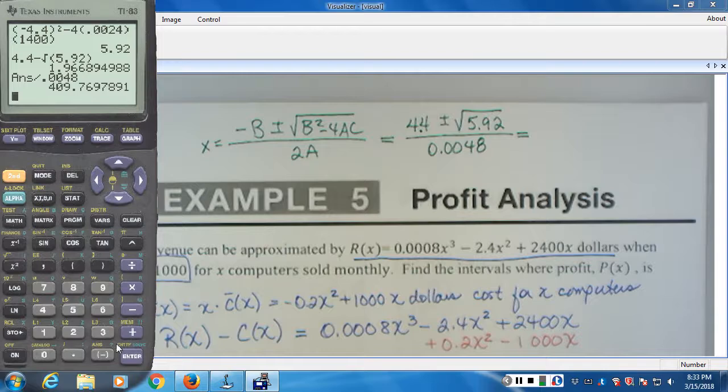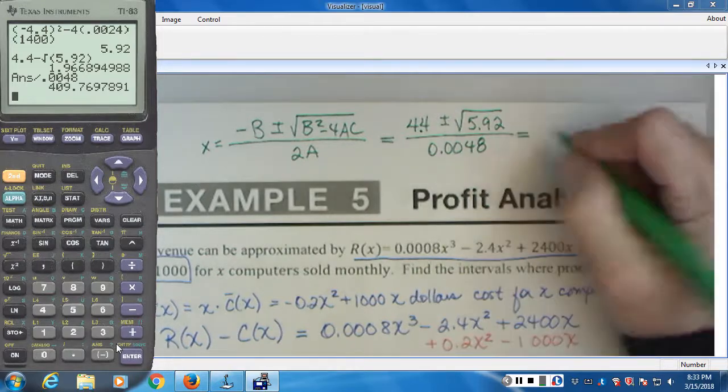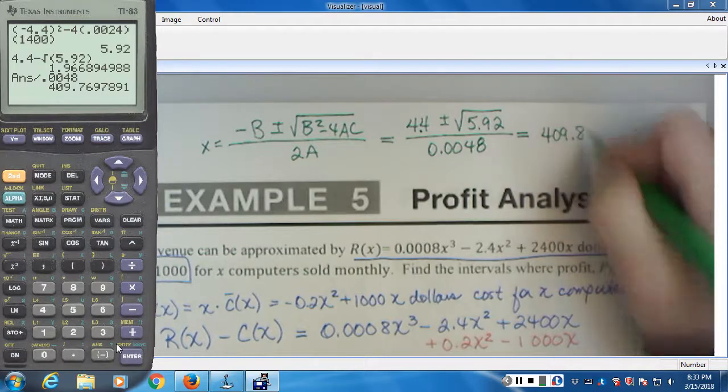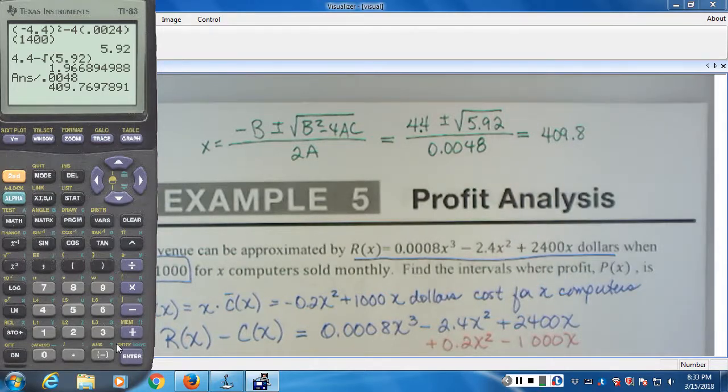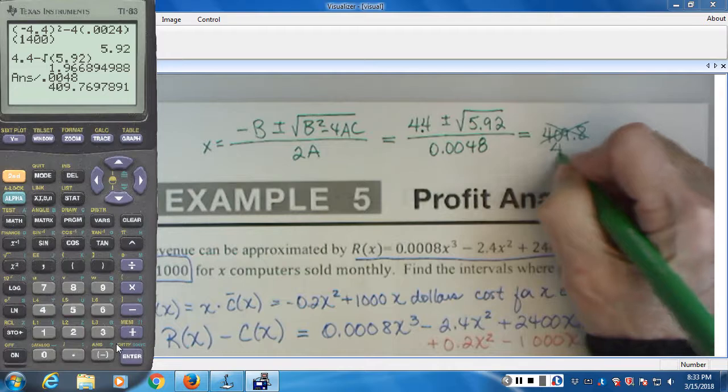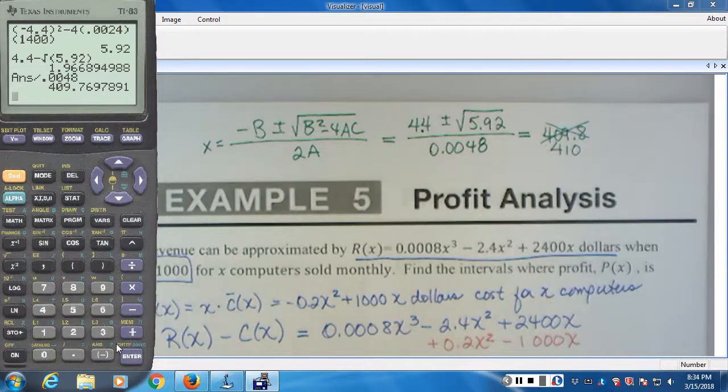So 409.8. Now realistically that should be a whole number, okay? Even though in the function it's a decimal number, realistically when x represents how many computers, you don't make 409.8 computers. So realistically the critical value is 410, okay?